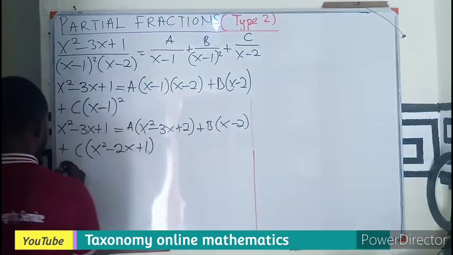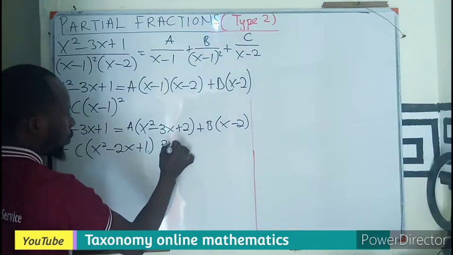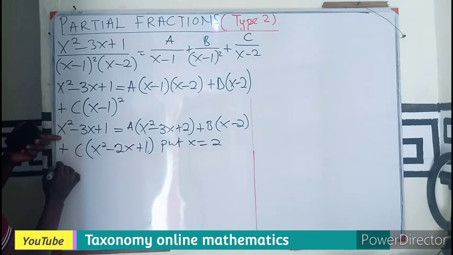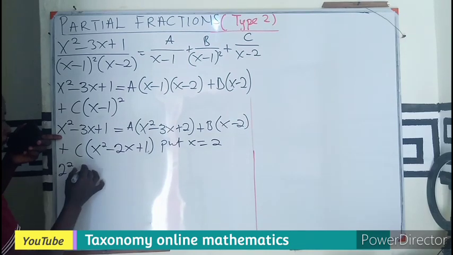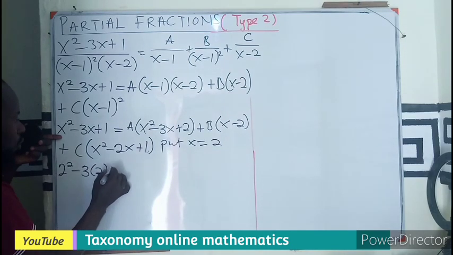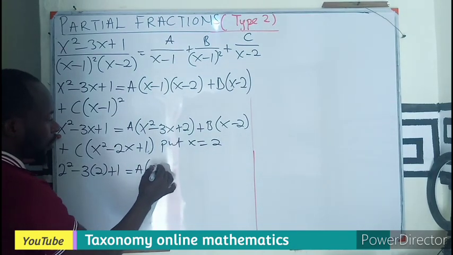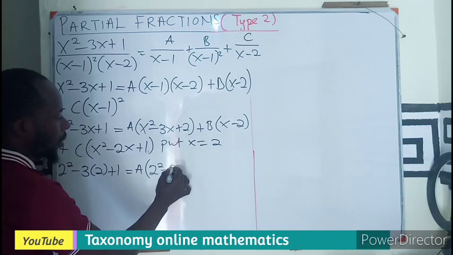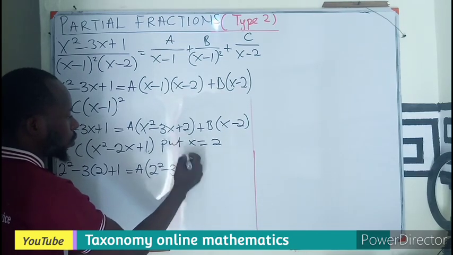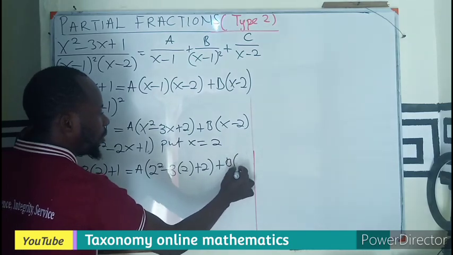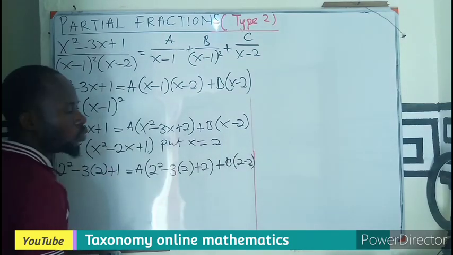So let's do that. Put x equals 2, meaning x here will be 2 squared minus 3 times 2 plus 1, equals a into bracket 2 squared minus 3 times 2 plus 2, all close, plus b times 2 minus 2.